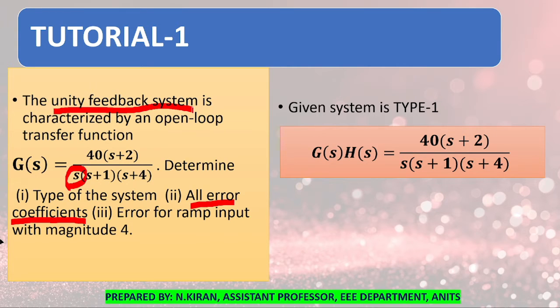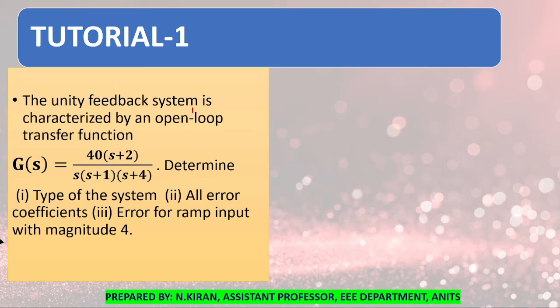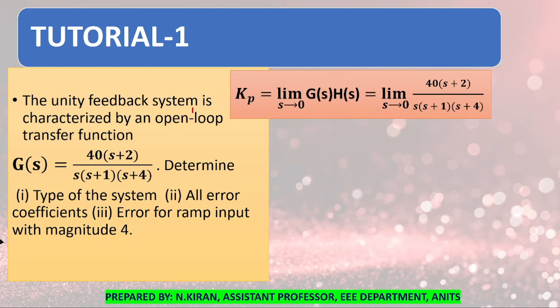So applying those formulas, we will find the values of Kp, Kv as well as Ka. The formula for Kp is limit s tends to 0 of G(s)H(s). On substituting s equal to 0, the denominator becomes 0. Therefore, the Kp value will be infinity.